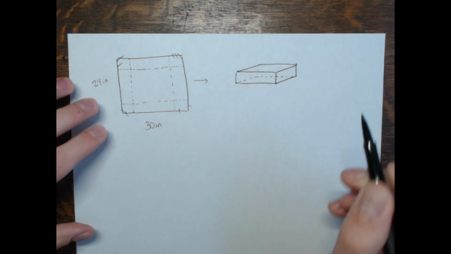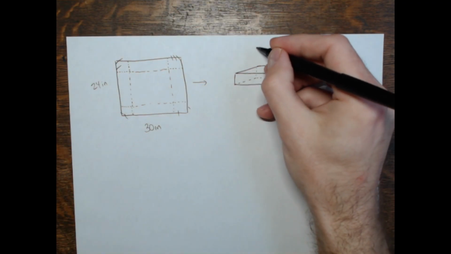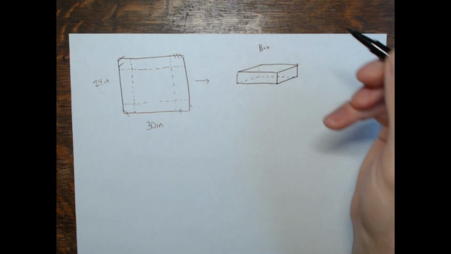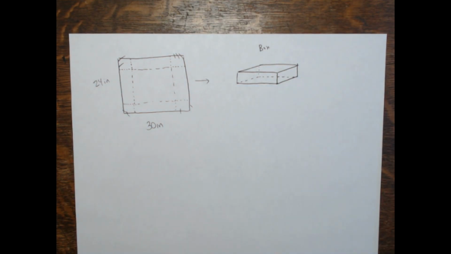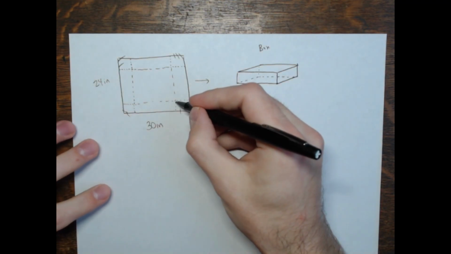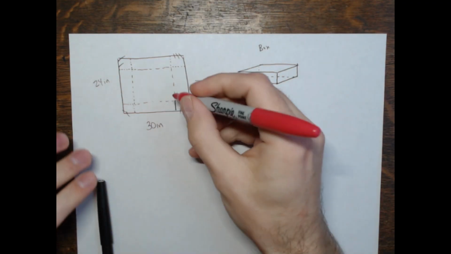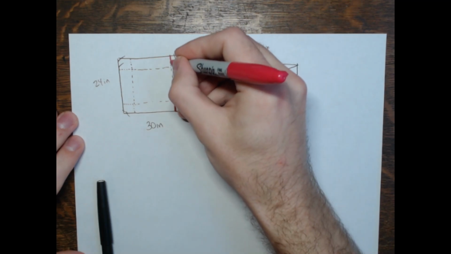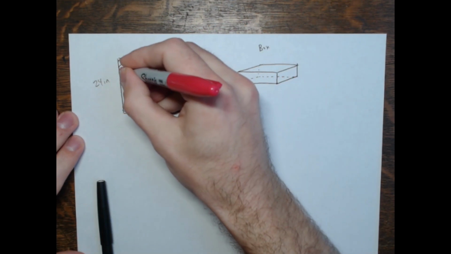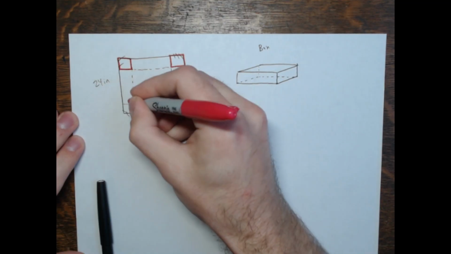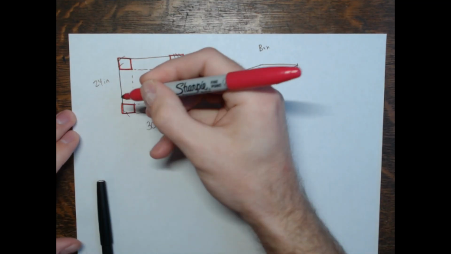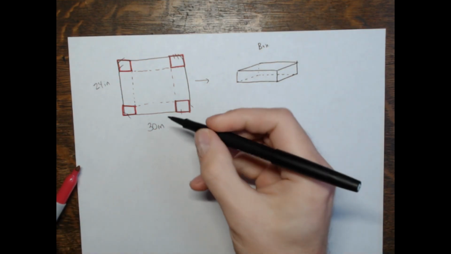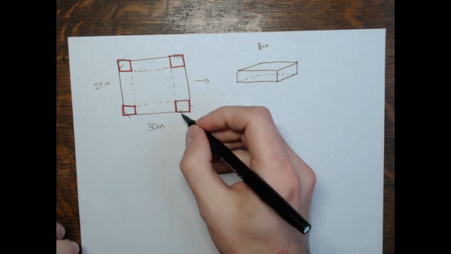We get a 3D box. All right, so we're making a box like this. Now, they told us these squares that are being cut out of the corners here. So all these 4 squares being cut out of the corners, they told us to call the dimensions of the square x inches.